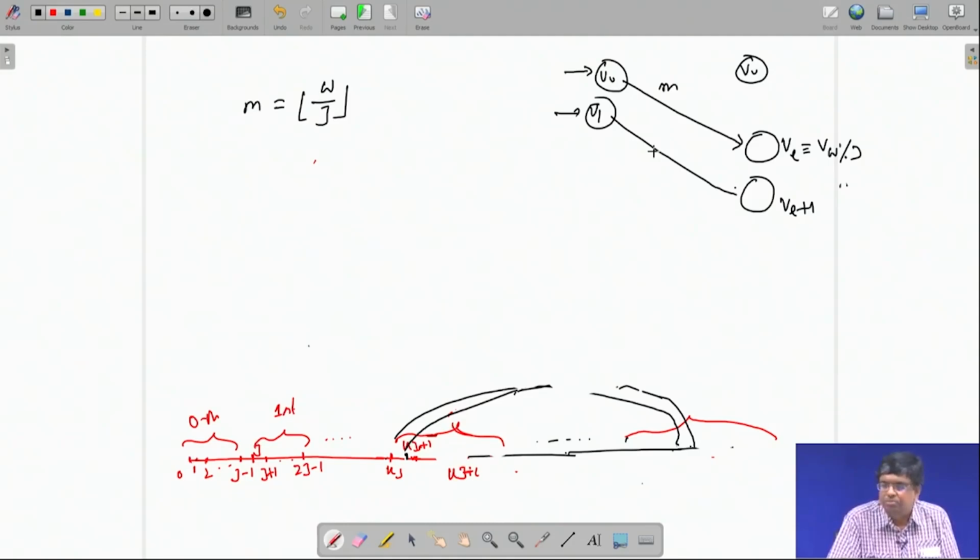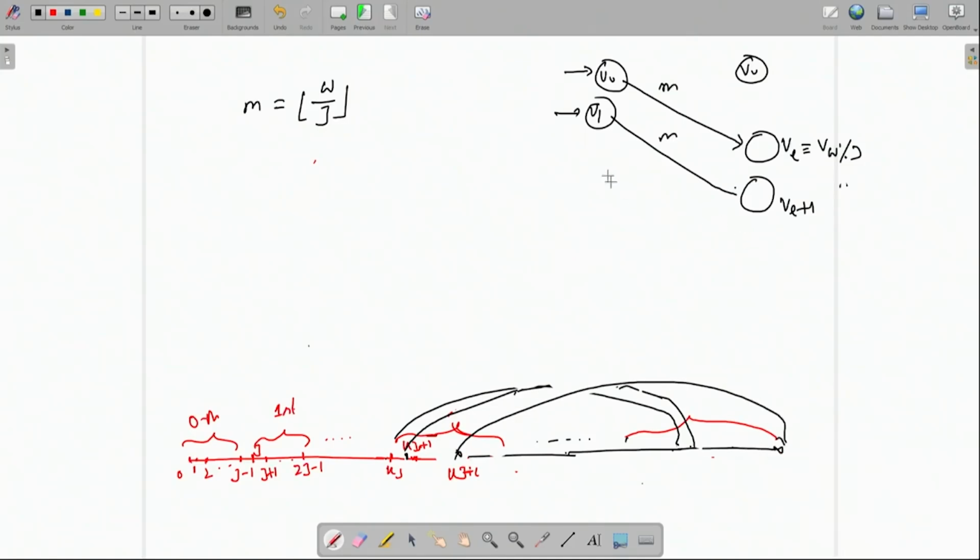So the gap is the same, M, and it will go on for a while till you reach a point where you jump and go to the last point. Some index will come, maybe UR, that will take you to the last guy, VJ minus 1, that will handle this data, still M number of delays.